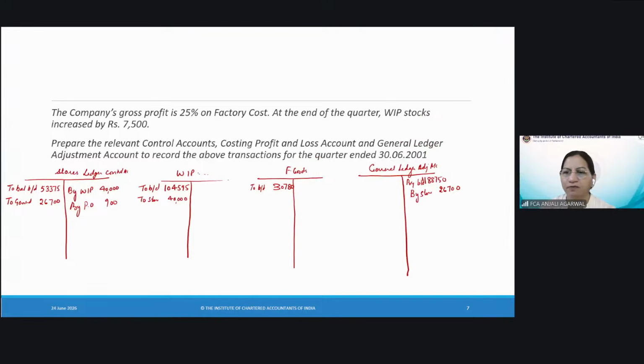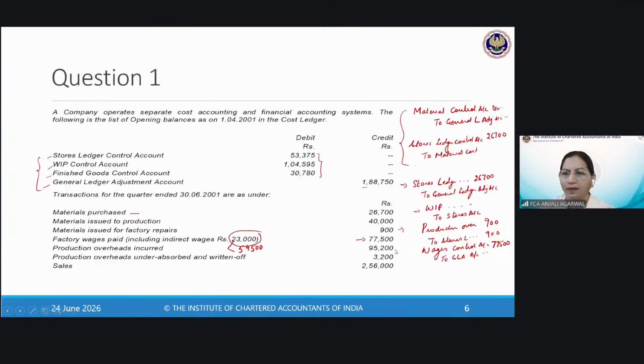So in the general ledger, what will be the entry? First, you have incurred wages, 77,500. Out of this, 23,000 is indirect and 54,500 is direct. For 54,500, your entry would be WIP to wages control account.